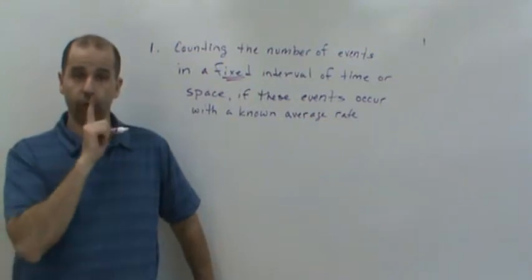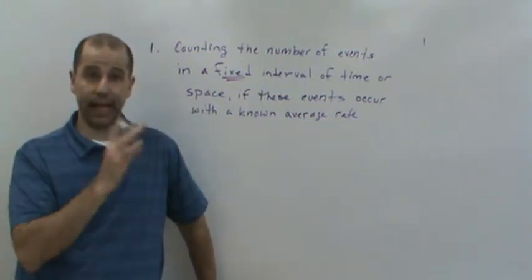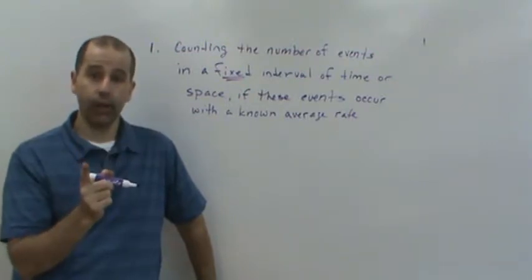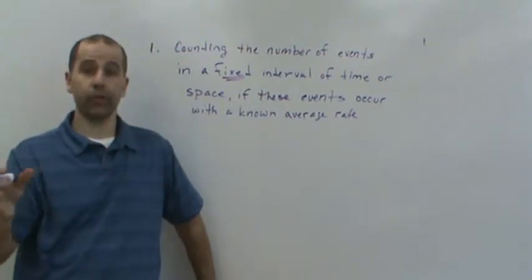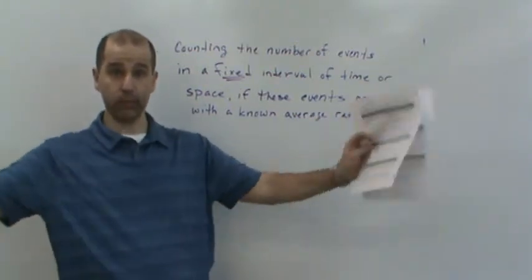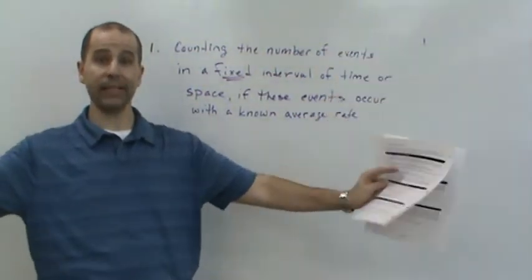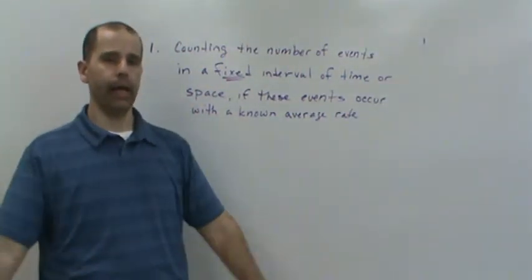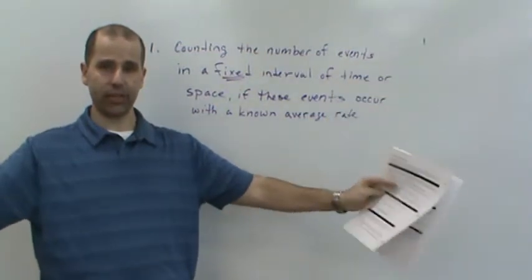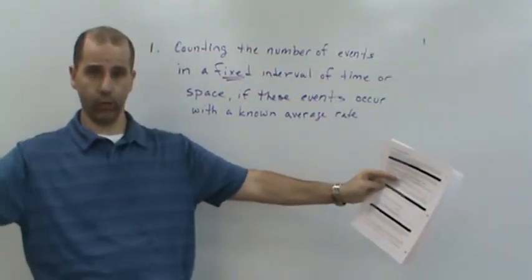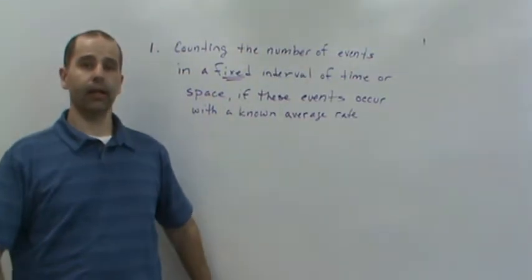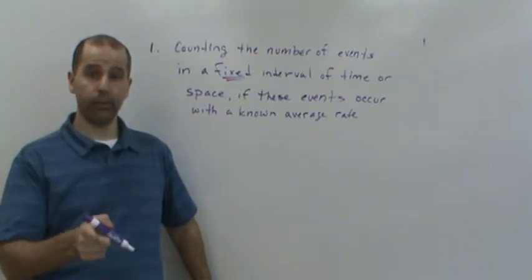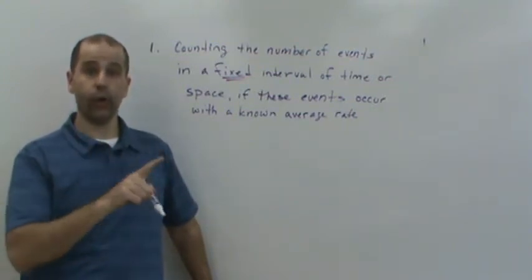So let's put an example to this to solidify what we're talking about. Let's say we have a certain stretch of road. So there's our fixed space. Let's say we take a randomly selected 1 mile stretch of road, and we calculate the rate of the number of cars that go through that 1 mile stretch.